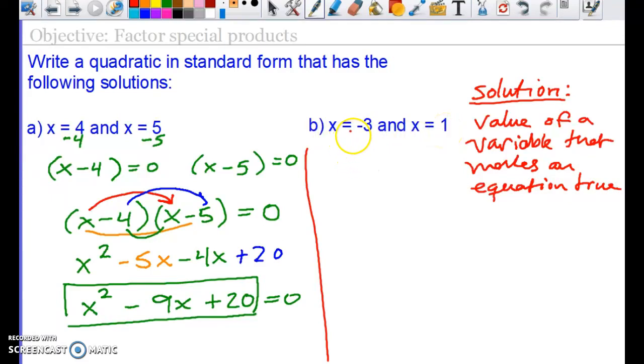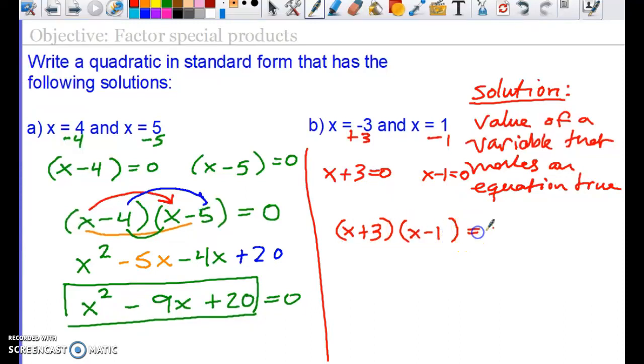That means if I were to go backwards from solving, just go in reverse, I'm just going to move things over. X plus 3 would have had to equal 0, or x minus 1 would have had to equal 0. So I'm going to use those two linear binomial expressions to write two factors here, x plus 3 and x minus 1. And those would have had to be set equal to 0 in order to get the process going.